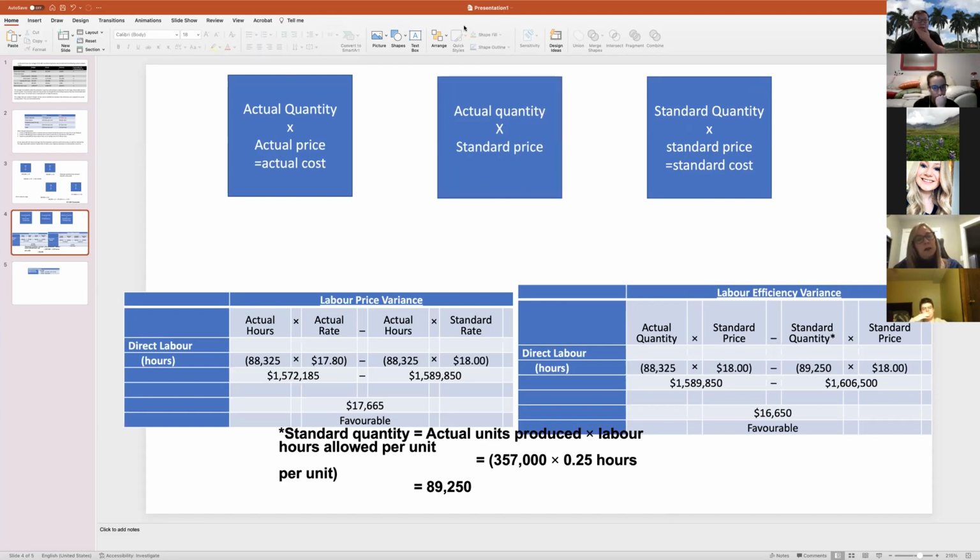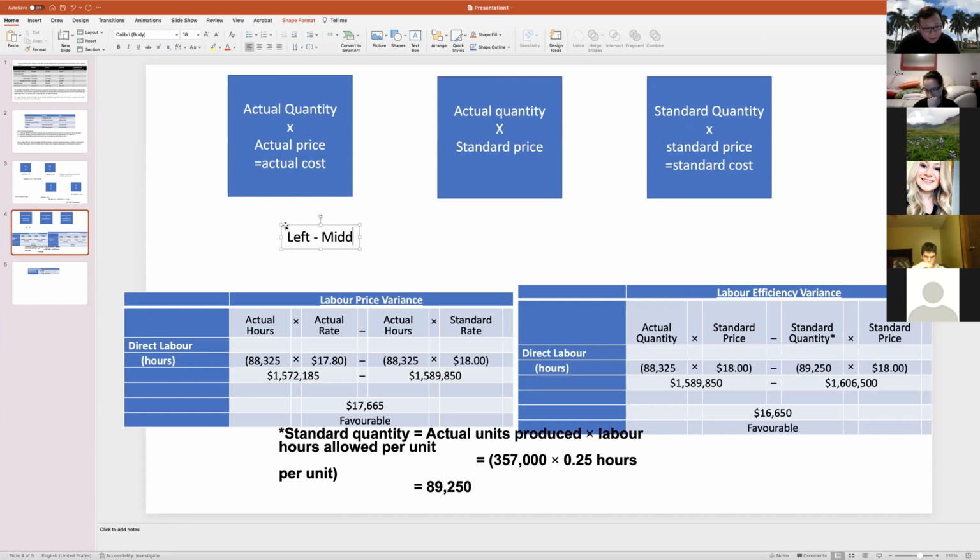And then the difference, if you use the left minus the middle, this is going to be, for labor, your labor rate variance, right?